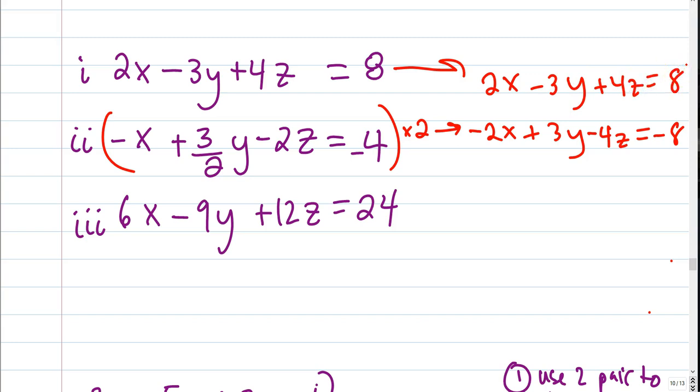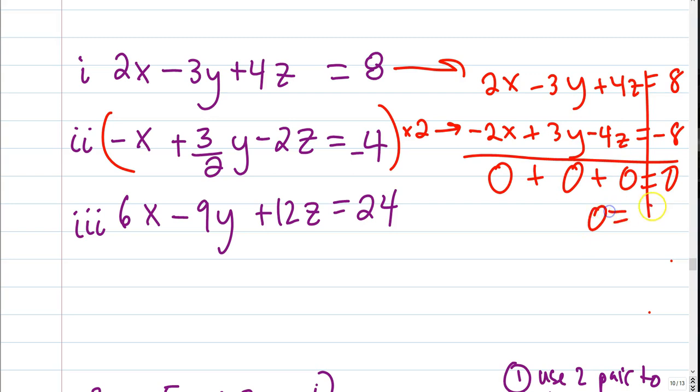Okay? So looking at this, what do we have? 2x minus 2x is 0, 0, 0 equals 0. What does that mean? Well, that's actually a good thing, so don't get mad about that. We've seen it before. That means that if I were to graph these systems of equations, they would have many solutions.